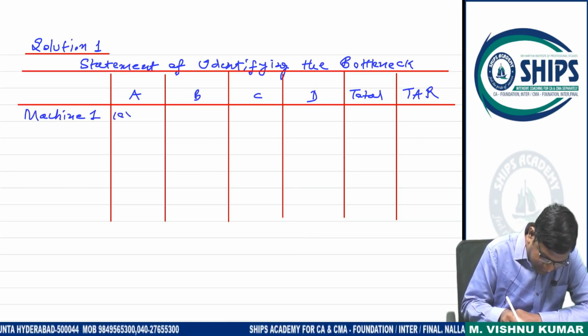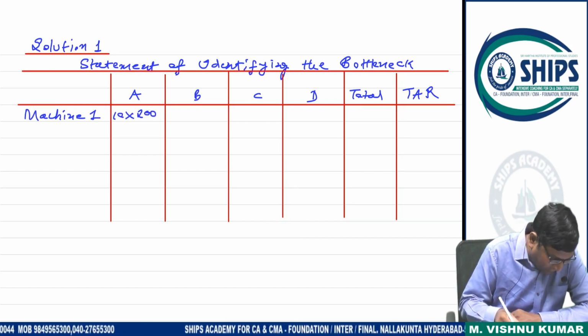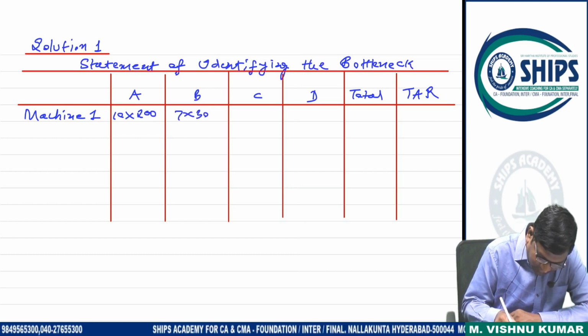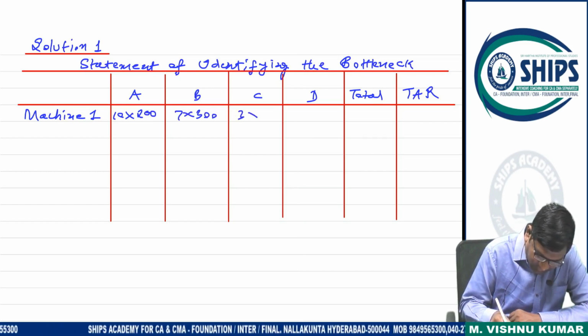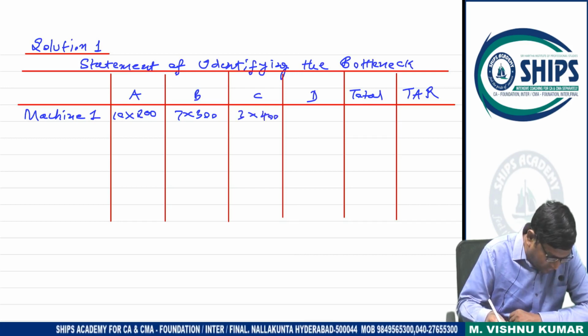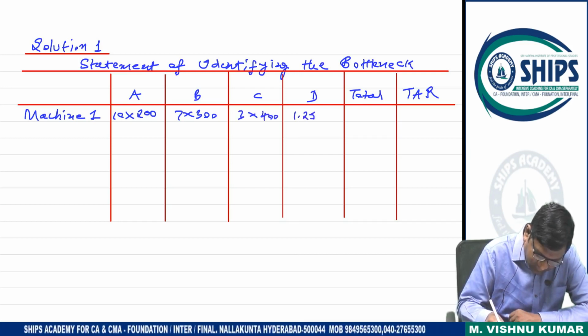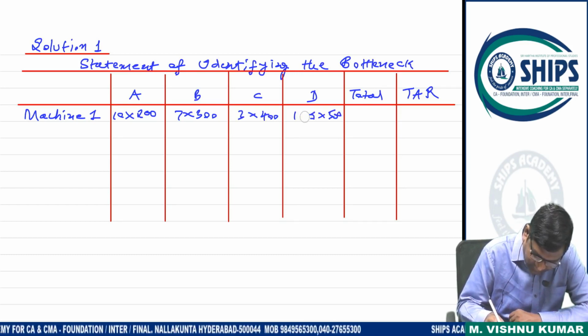So 10 into 200. Next 7 into 300. 3 into 400. 1.25 into 500.